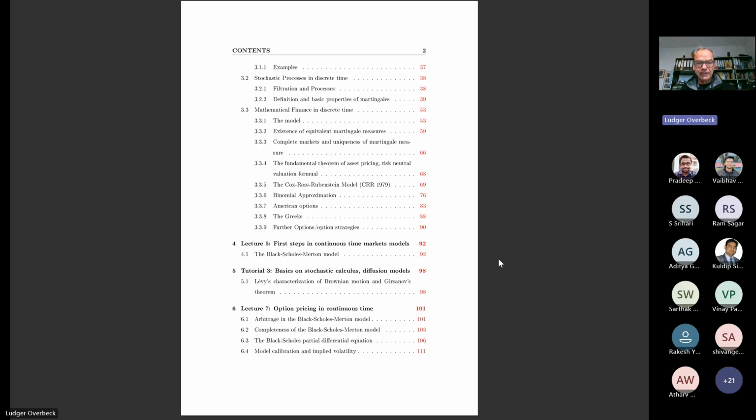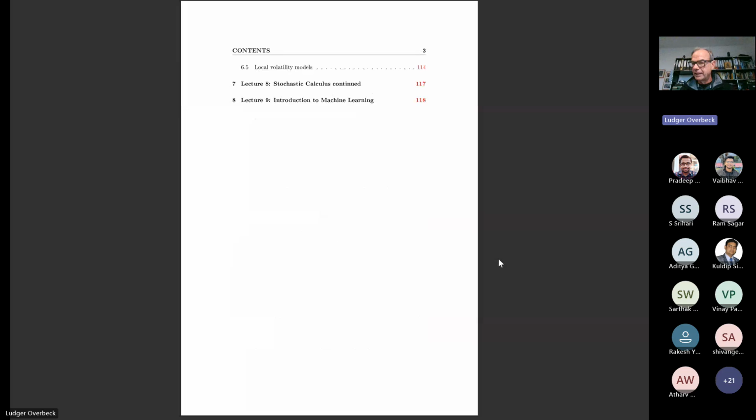The theory behind this we will have in lecture 8, stochastic calculus, which is more general and can also be applied outside mathematical finance. It is needed for understanding the Black-Scholes formula and related topics.